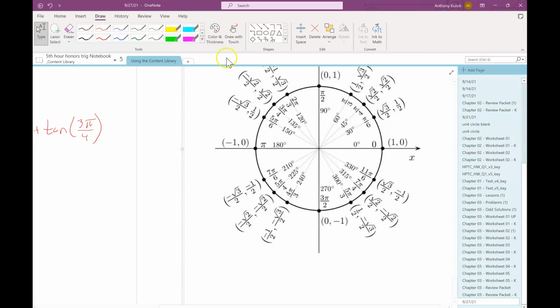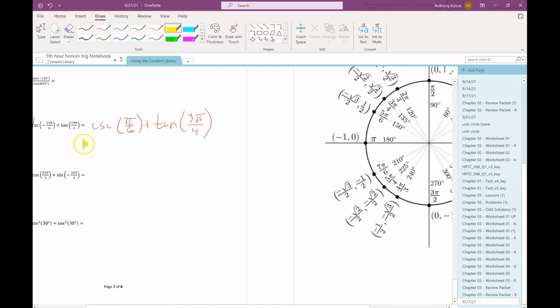Okay, so if I locate pi over 6 on my unit circle, there it is. Cosecant, I remember, is 1 over sine, and sine is y, so 1 over y. So the reciprocal of 1/2 is just 2.